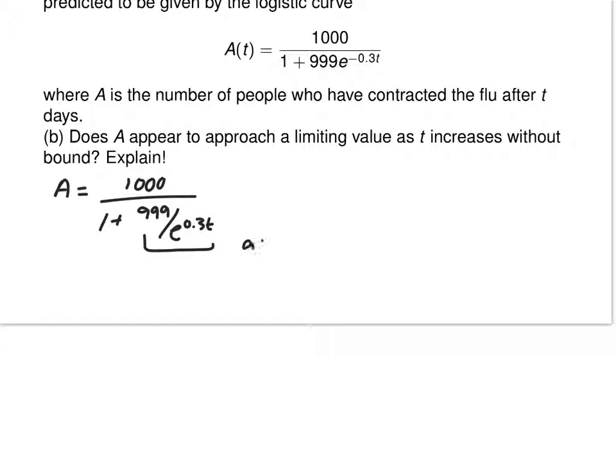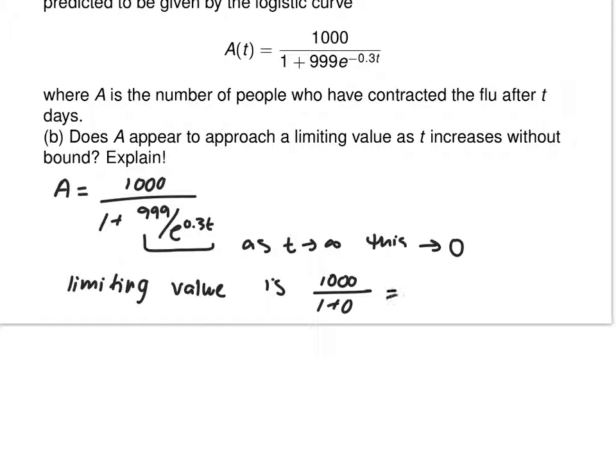And as t goes to infinity, this part goes to 0. So the limiting value is 1,000 over 1 plus 0, or 1,000, which is the size of the population, right? You can't get more than everybody sick eventually. So that's the idea.